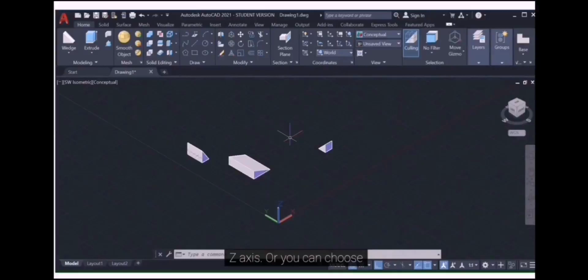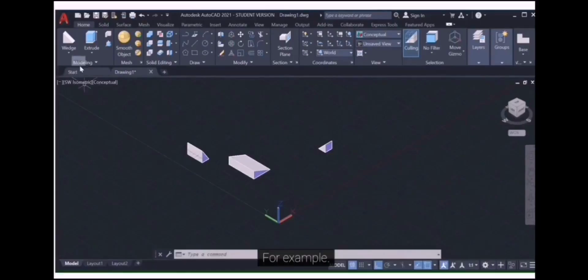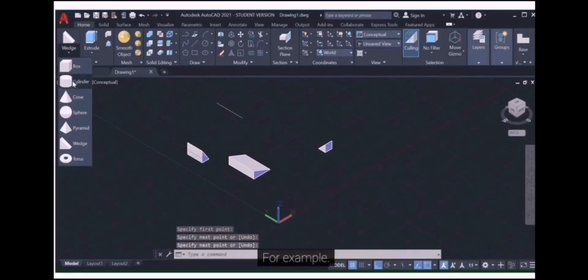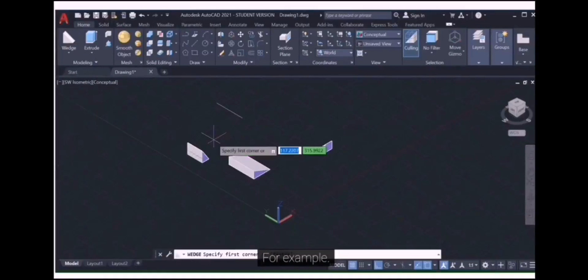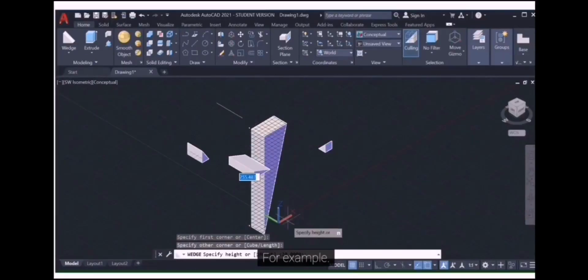Or you can choose 2 points for height, like other commands, which defines the height of the wedge by specifying the distance between 2 points. For example, two points.